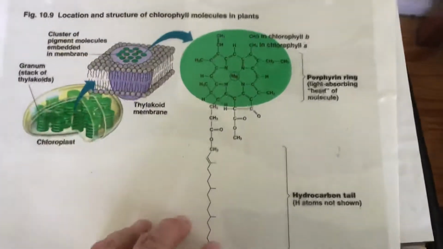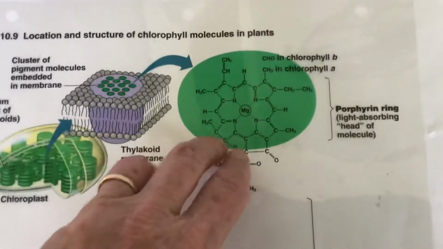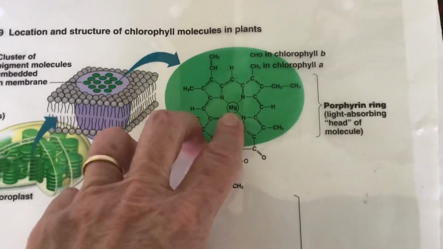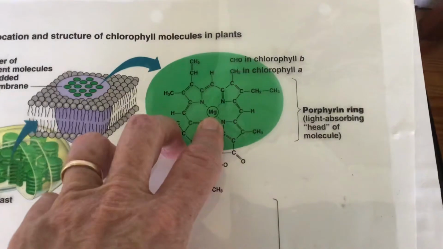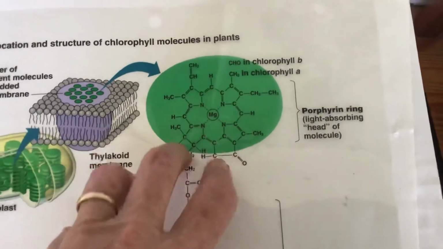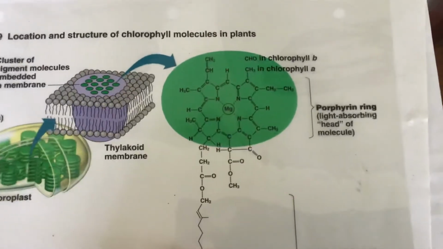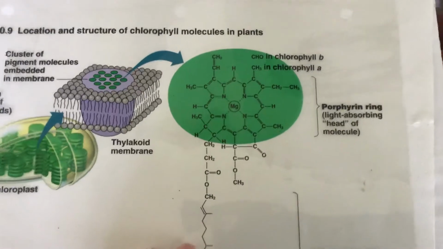And this is a depiction of chlorophyll A or B. They both have a magnesium ion in the middle, and that ion can take on the electron or, if it's excited, give it off. So that's the central part of the molecule that is taking the electrons and giving them away.